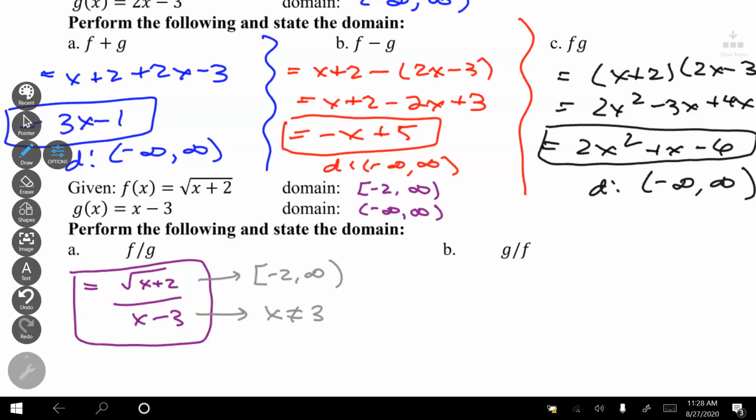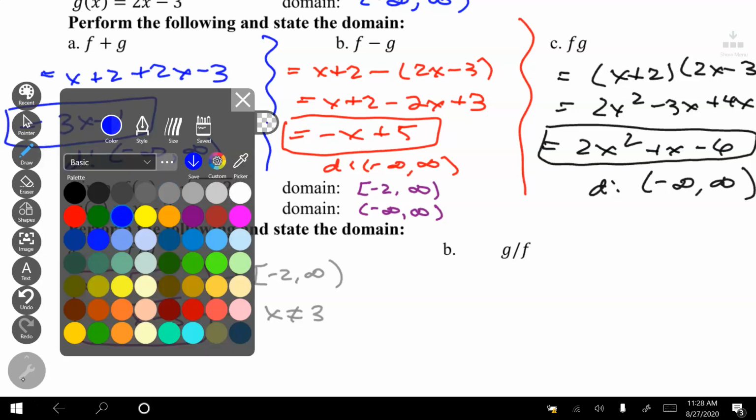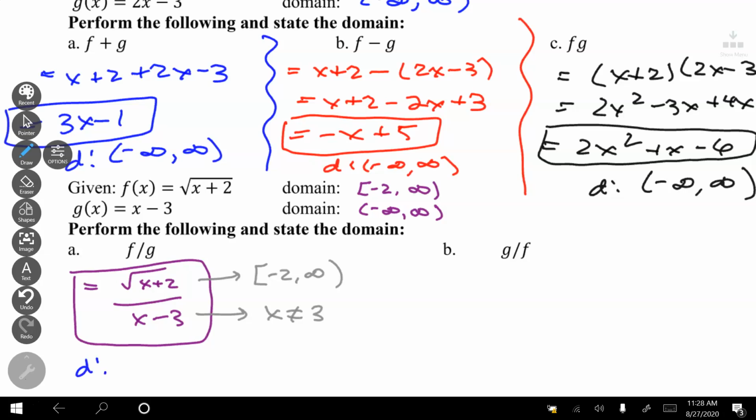So we have to combine these together, and my domain for this one will be bracket -2 to 3, parentheses, union 3 to infinity. All real numbers greater than or equal to -2, but throwing out 3.